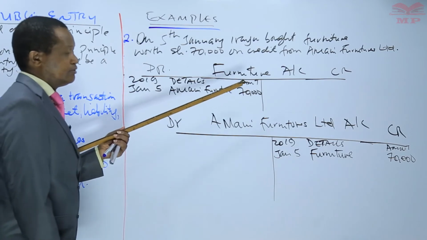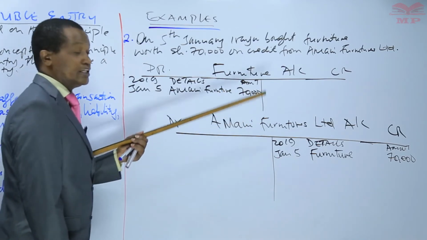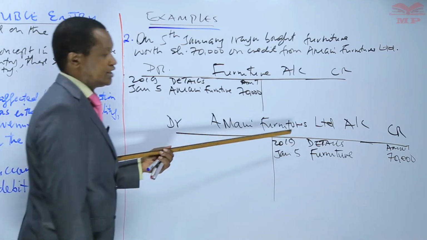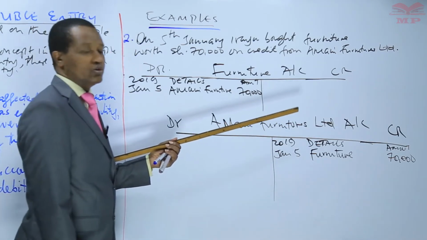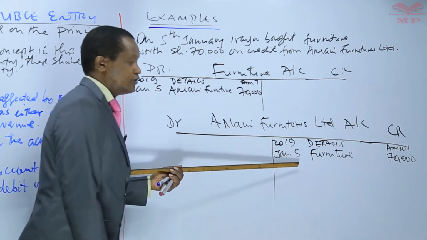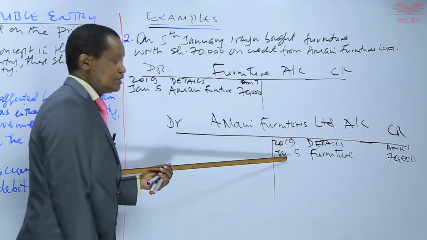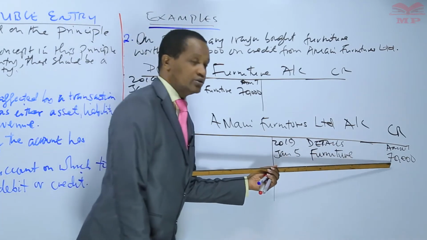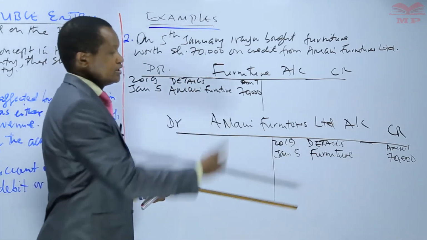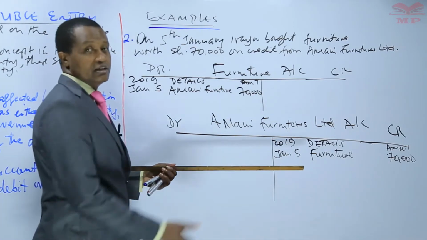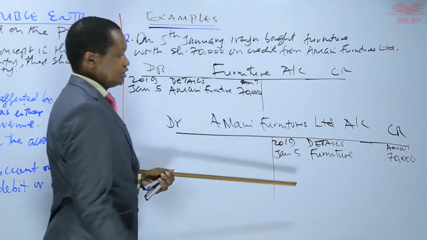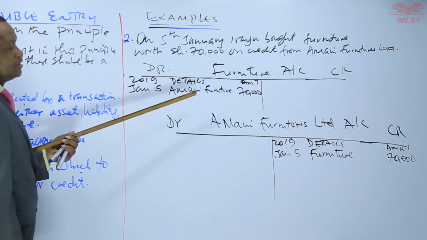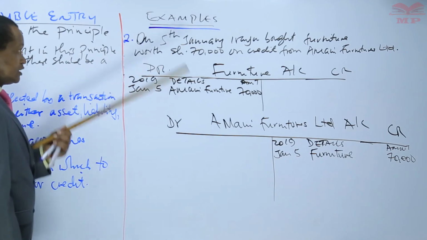Anytime the business makes any transaction related to Amani Furnitures Limited, you'll have it in chronological format: the date, the details, and the amount, so that anyone who wants to look at the records of this business finds a proper record. That is the second example.